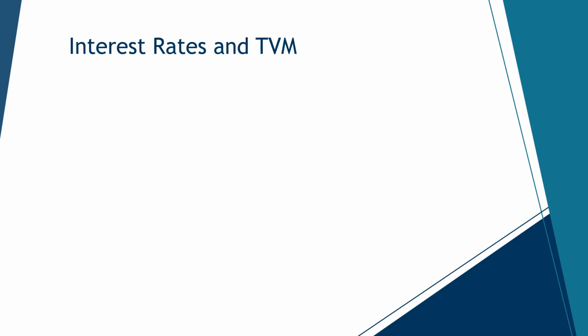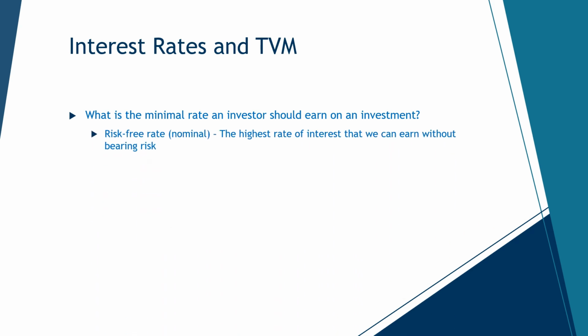So how do interest rates factor into these time value money equations? We're always thinking about the rate of return as the minimal rate that an investor should earn on the investment. So the minimum rate of compensation for risk. And we think first about the risk-free rate.